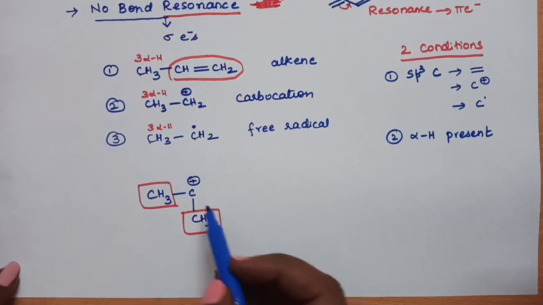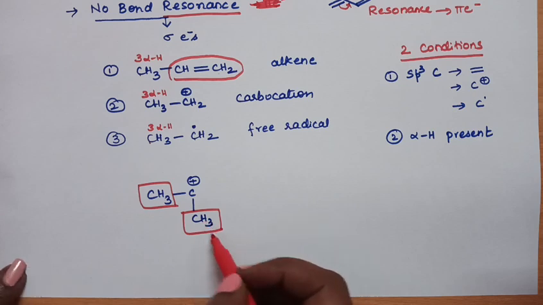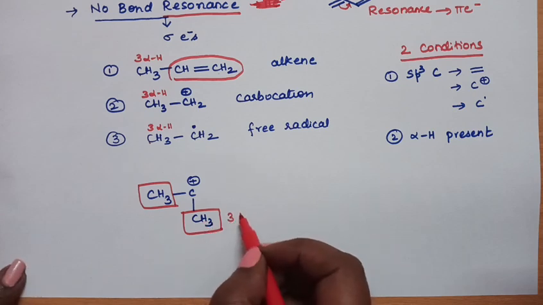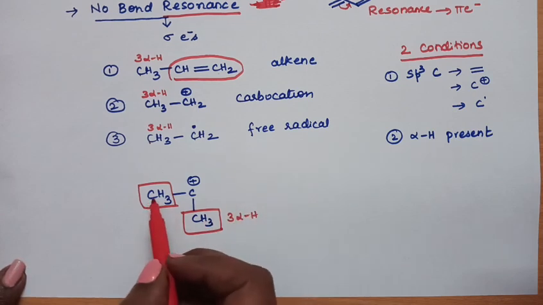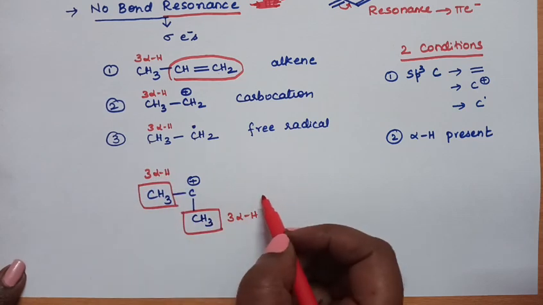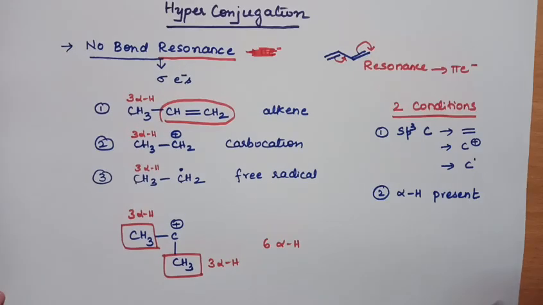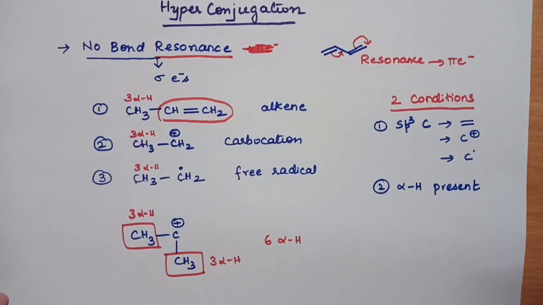To this sp3 carbon you can see 3 hydrogen atoms, which are called alpha hydrogen atoms. So 3 alpha hydrogens, and here also 3 alpha hydrogens. Totally it has 6 alpha hydrogen atoms. So both the conditions are satisfied. Therefore this shows hyperconjugation.